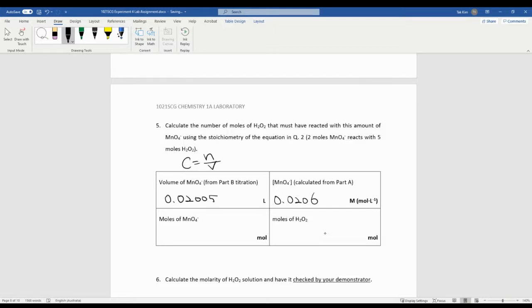And then since it is asking the number of moles, n equals C times V, right? So the volume is already over here, and then the concentration is over here, and everything is in the correct unit. So you just need to multiply these two numbers, right? Once you do it, you should be able to find out the number of moles of your permanganate. So let me just put some numbers on my calculator.